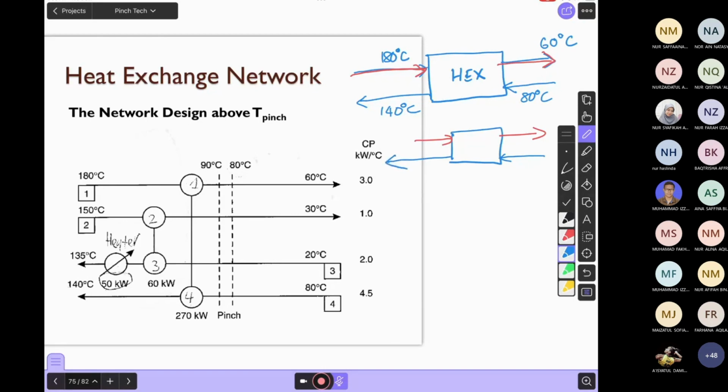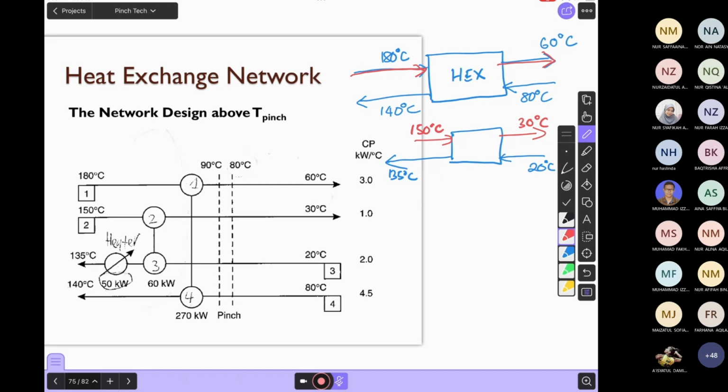So cold stream you have to reach 135 degrees Celsius because cold stream perlukan heat to be absorbed, because they're lower. And then here the inlet is at 20 degrees Celsius. The hot stream that you have is 150 degrees Celsius and 30 degrees Celsius to cool down.